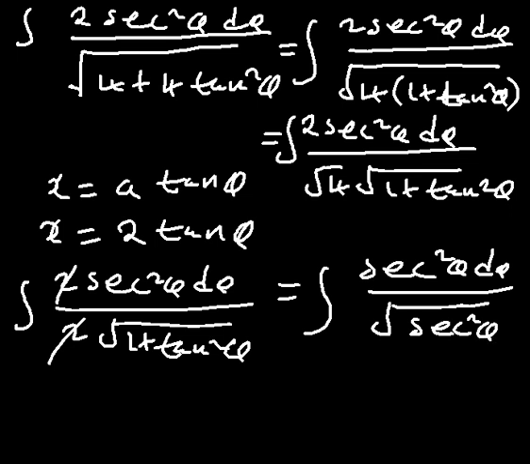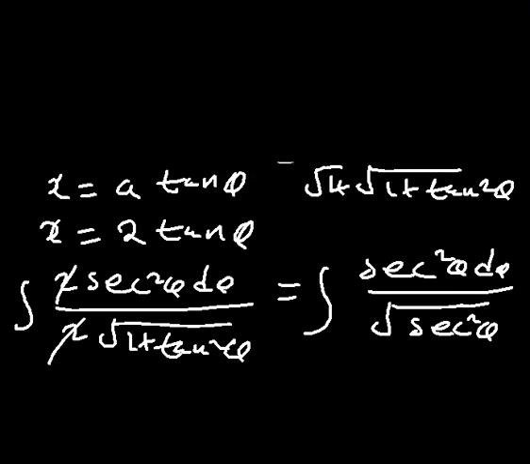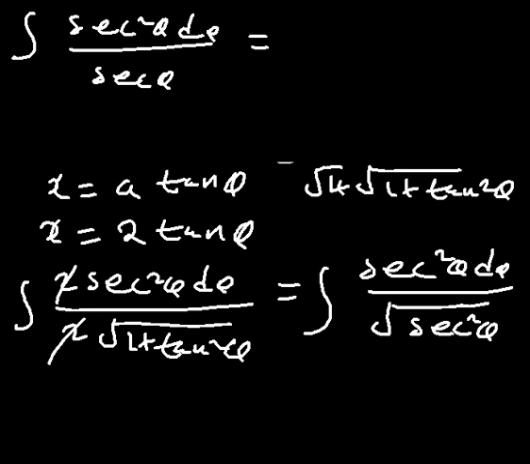What is the square root of sec square theta? That is sec theta. Therefore we have the integral of sec square theta d theta over sec theta, which is the same as the integral of sec theta d theta.